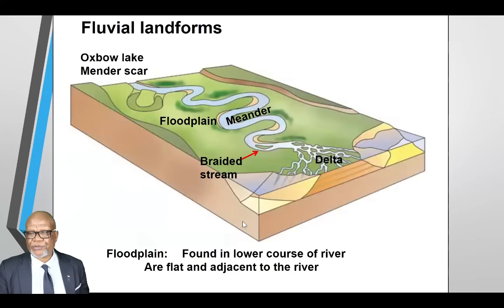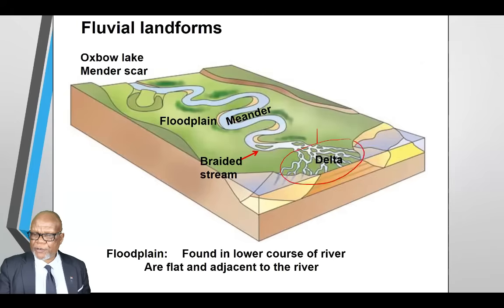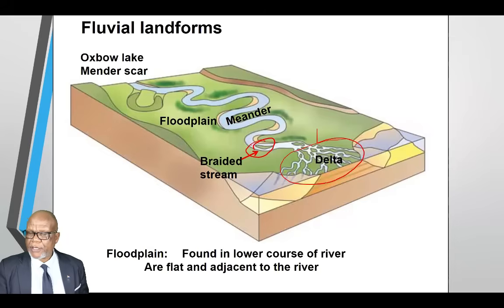Now let's look at, I was talking about delta. So we see the difference between the delta and a braided stream. At this point, we have a braided stream. You can see at this point, a river is breaking and the river joins again. So that's your braided stream. But with a delta, a river is going to break into these tributaries as it flows into the sea.